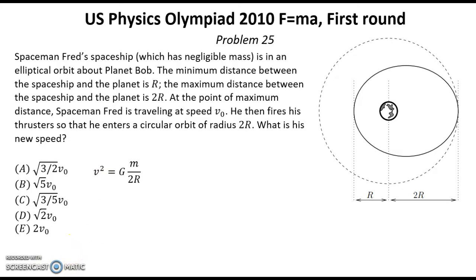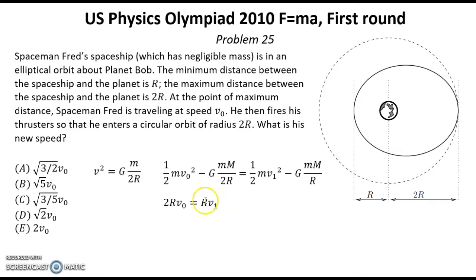After that we can write equations for angular momentum conservation and energy conservation. Here v0 is the speed at the furthest point, the original speed, and v1 is the speed of the spaceship at the closest point.